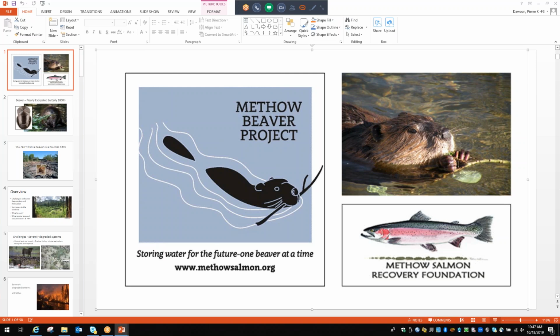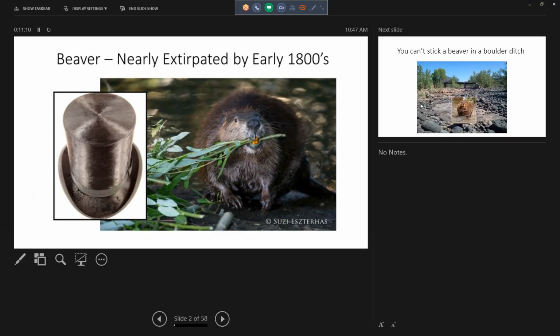Yeah, I agree. I mean, you all know the story of beaver. Most everybody in here is probably really familiar, so I'm not going to go through a ton of the history of beaver or the biology of beaver, but they were nearly extirpated for their pelts, but also as a political move, trying to make a fur desert out of the West, so a young American nation might not succeed as well as we did.